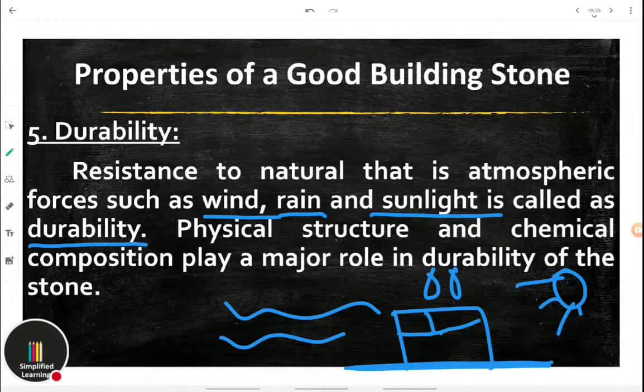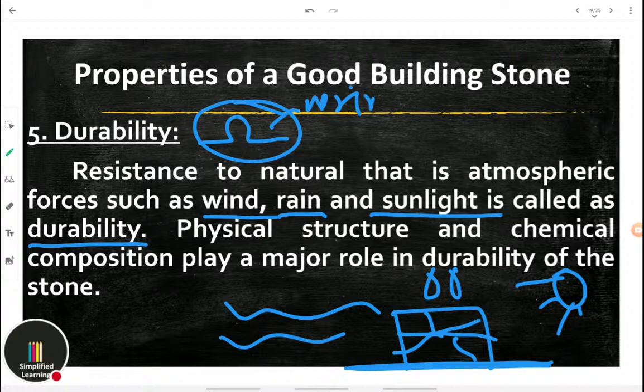Obviously all these forces are going to disintegrate the stone, they are going to weaken it, and obviously such disintegrated stone doesn't survive long. Therefore, when you are talking about durability, it is just resistance. I have drawn an ohm sign which indicates resistance as in electrical engineering. Durability is resistance to atmospheric forces.